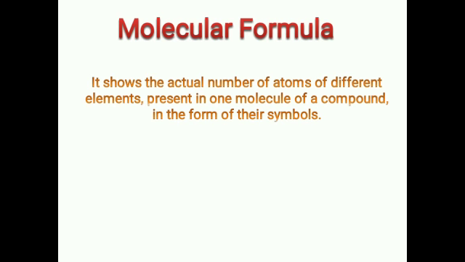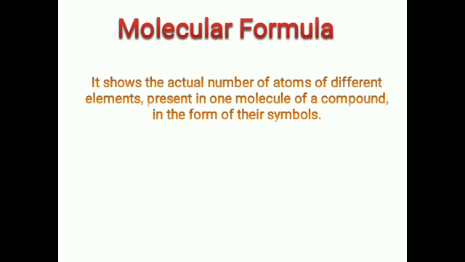Now I will tell you about the molecular formula. What is a molecular formula? It shows the actual number of atoms of different elements present in one molecule of a compound in the form of their symbols. Now what is a compound?